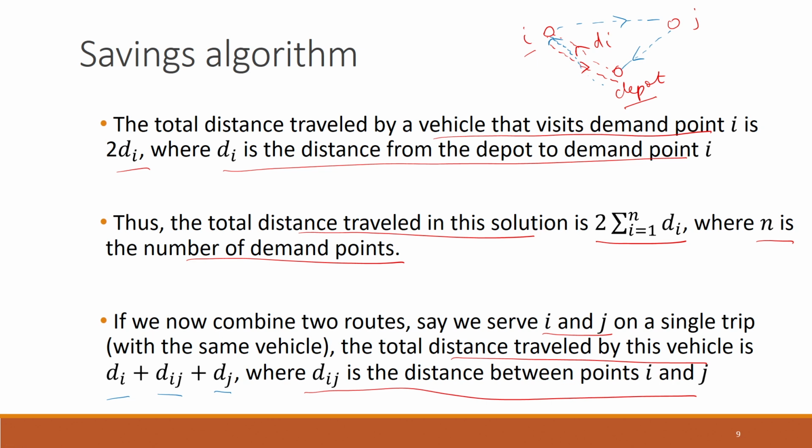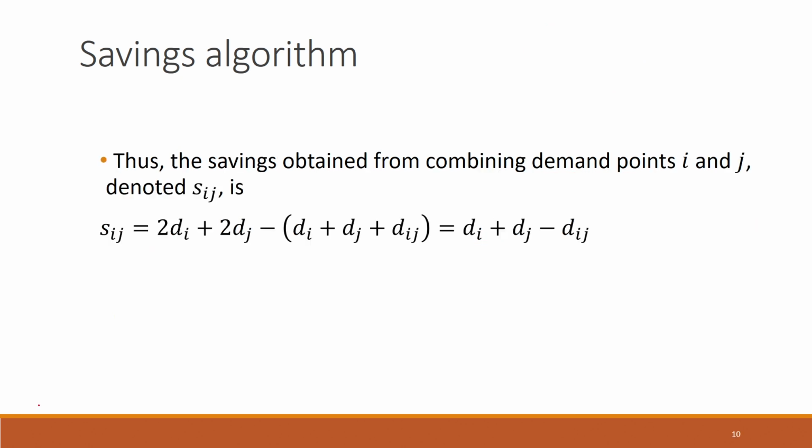So, in this case we have now clubbed together these two points or customers on a single trip. Therefore, when we do that, the savings obtained from combining these demand points i and j, let us represent it by Sij. See, this was the total distance travelled when we had separate vehicles travelling to both of these two points i and j. The first vehicle goes to point i and comes back, so it travels 2 di.